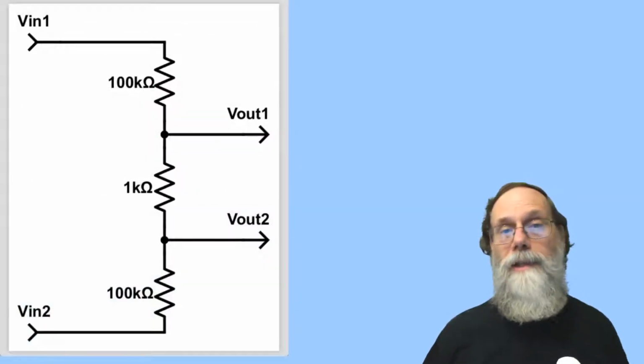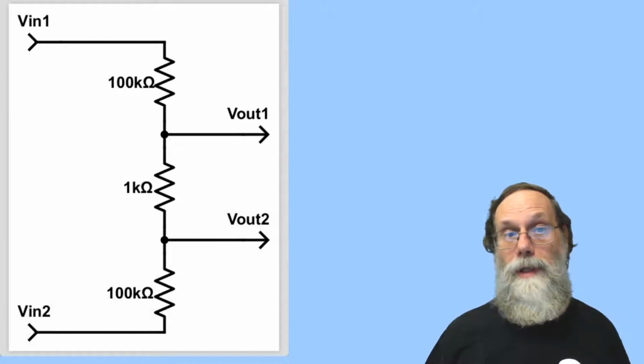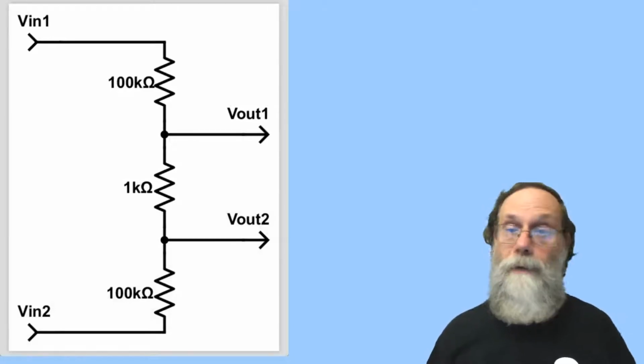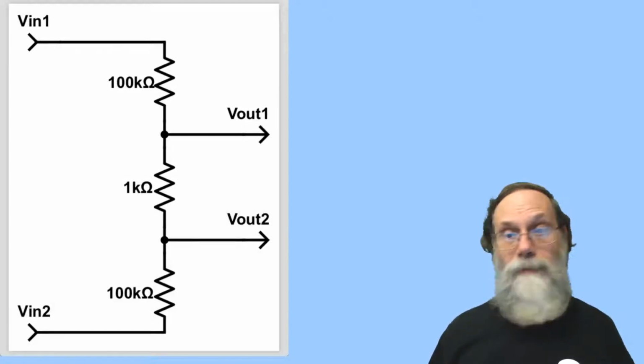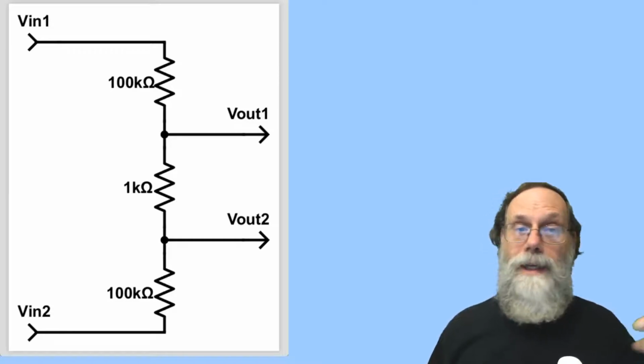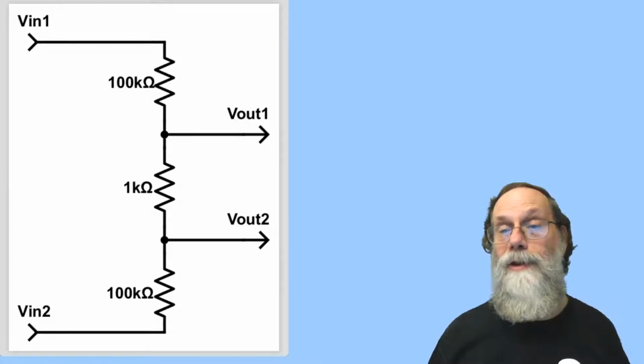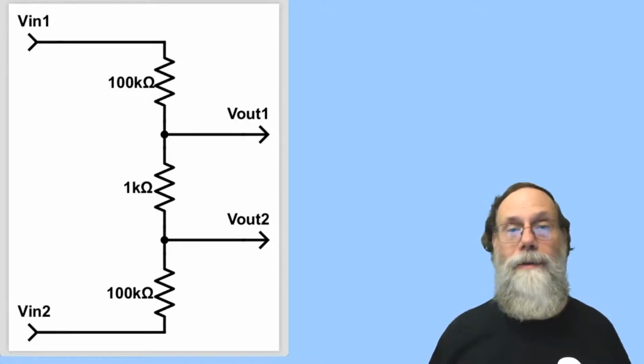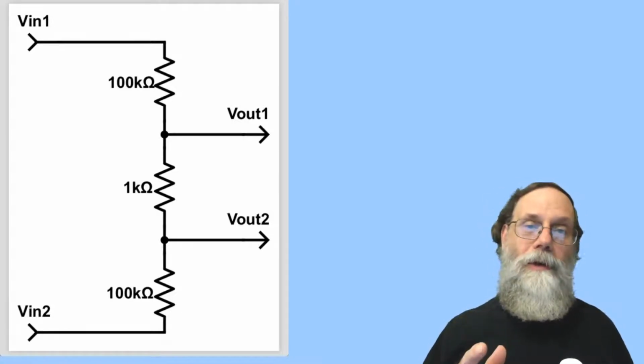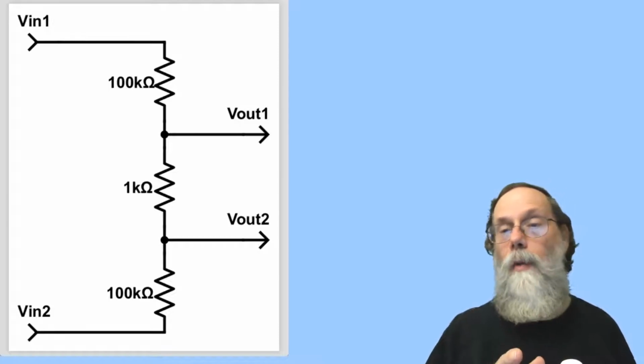And here's an example of how you might build such an emulator. You can take a pair of function generator channels from the Analog Discovery 2, feed them into this circuit, which basically averages them and scales them down. If you look at this, you can ask, what is Vout1?